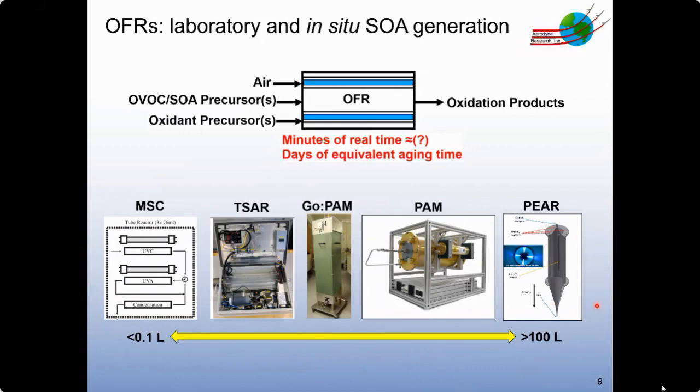So 4 orders of magnitude in volume for OFRs, but the characteristic that they all generally share is that they're trying to mimic days of equivalent aging time in minutes or less than a minute within the residence time of the OFR here.